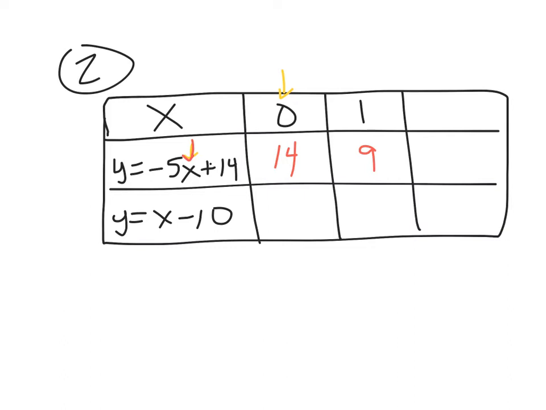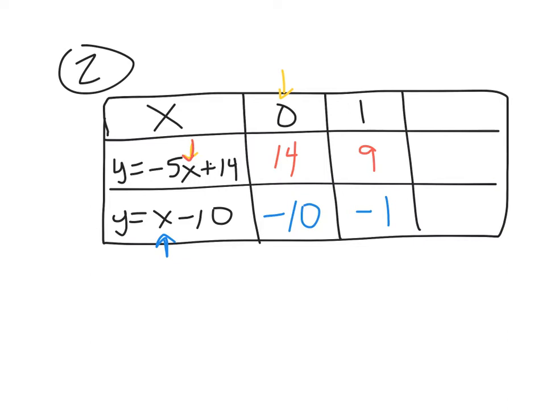Let's see how far we are on this other equation. If I put a 0 here, 0 minus 10 is just minus 10. If I put a 1 there, 1 minus 10 is negative 9, right? So these are still quite a ways off.